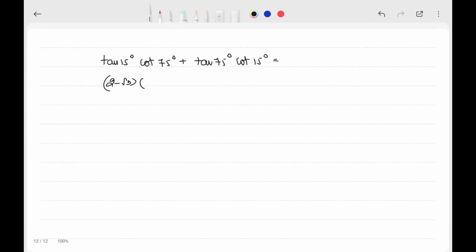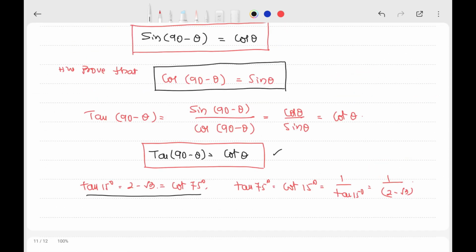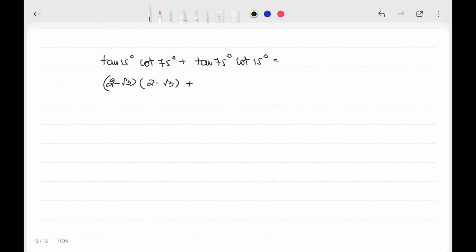Then this will be 2 minus root 3 plus, what is tan 75? Tan 75 is nothing but cot 15, that is equal to 1 by tan 15, that is 1 by 2 minus root 3. So it is 2 minus root 3 into 1 by 2 minus root 3. This is the value we have to find out.